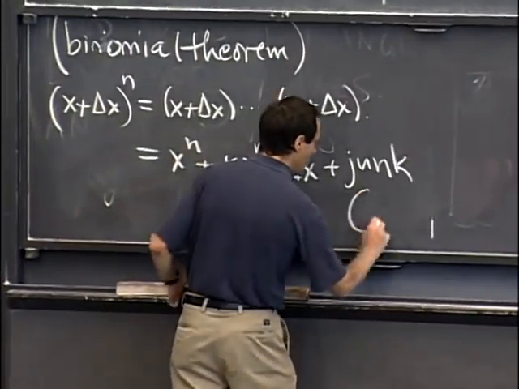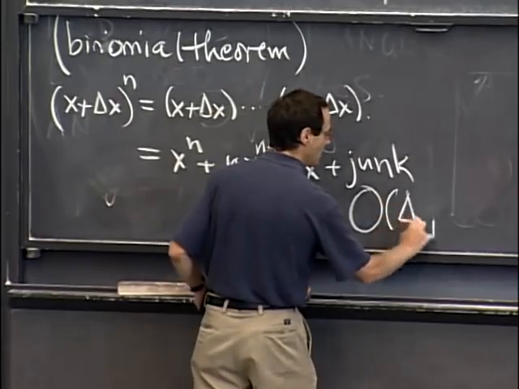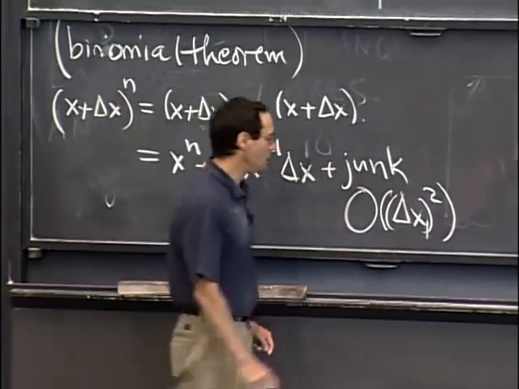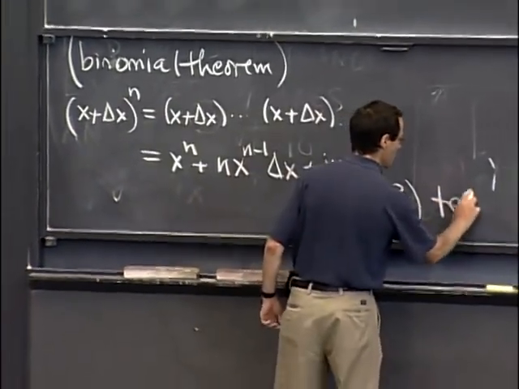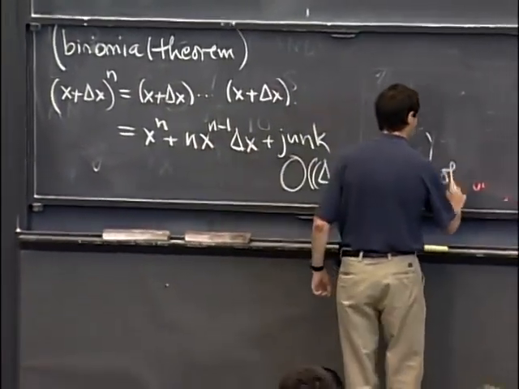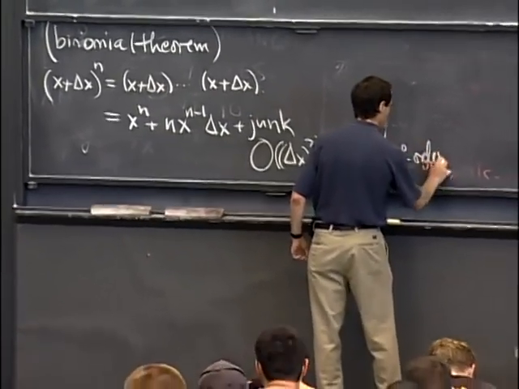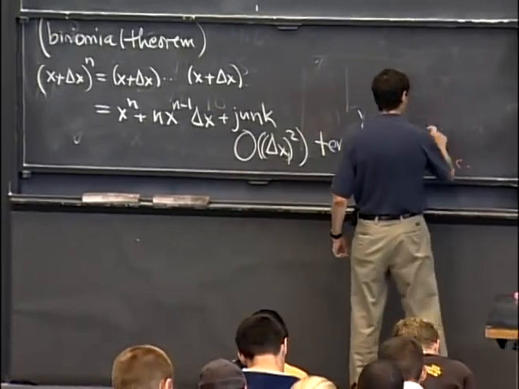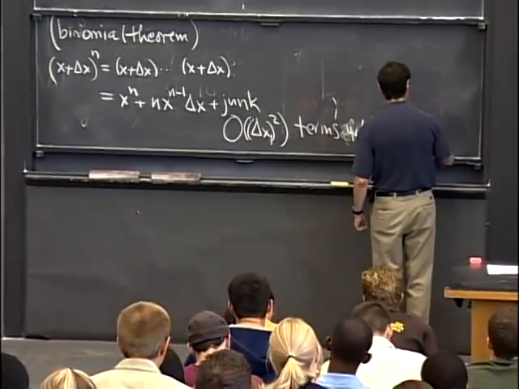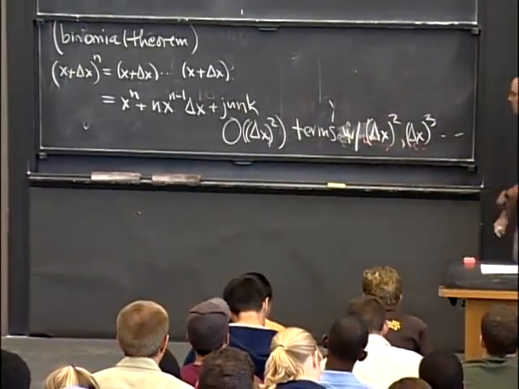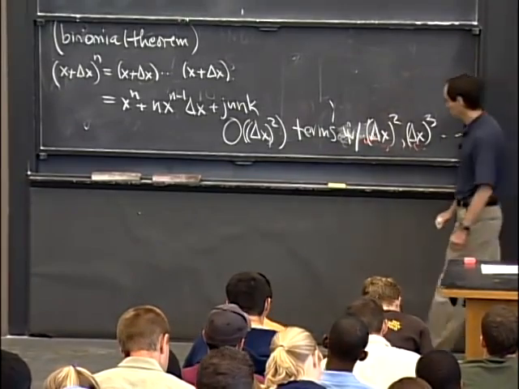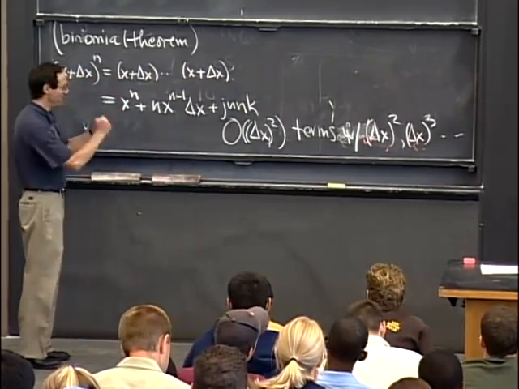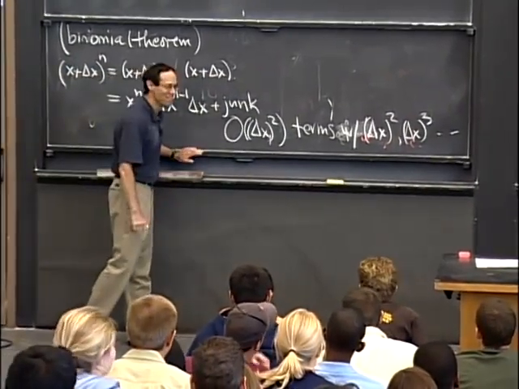The junk is what's called big O of delta x squared. What that means is that these are terms of order delta x squared, delta x cubed, or higher. Very exciting, higher order terms.